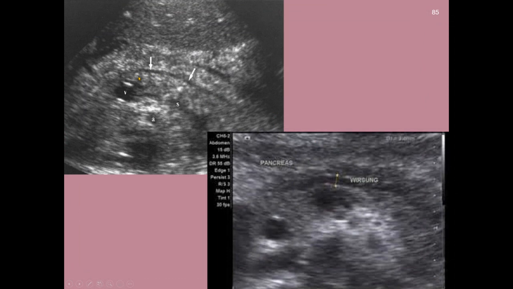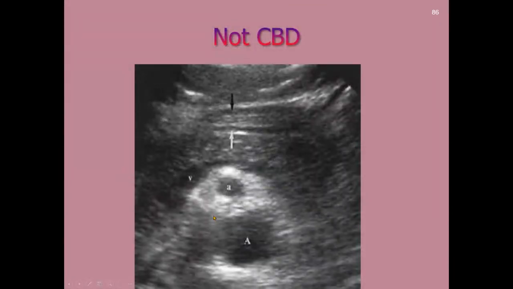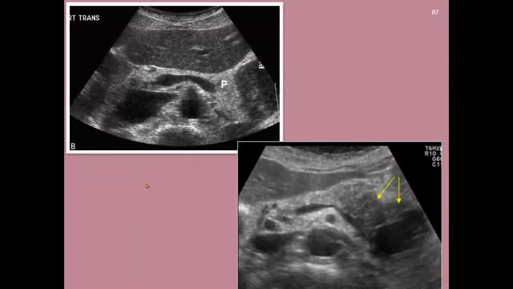Main pancreatic duct, duct of Wirsung. Here it is here. You got tissue on each side. This is not the CBD. You won't see the CBD in the middle of the body of the pancreas. You're only going to see the CBD in that posterior lateral neck.